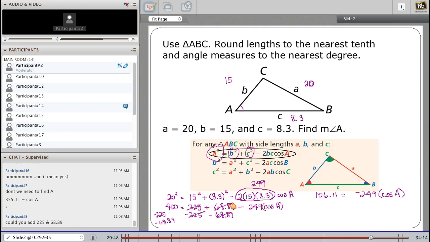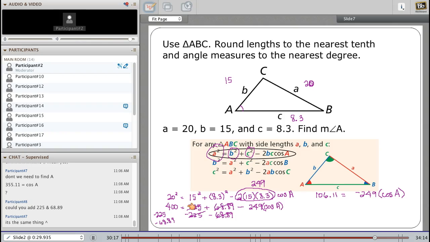If you wanted to, you can add the 225 and the 68.89 together first and subtract that sum from the 400. That would also be just fine. If you're more comfortable adding the first two numbers together, you can do that. The reason that we're waiting on the 249 is that it is connected to the cosine of A by multiplication.